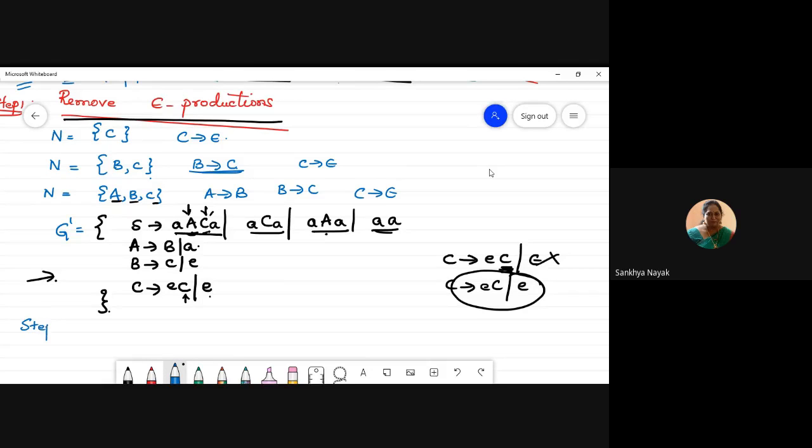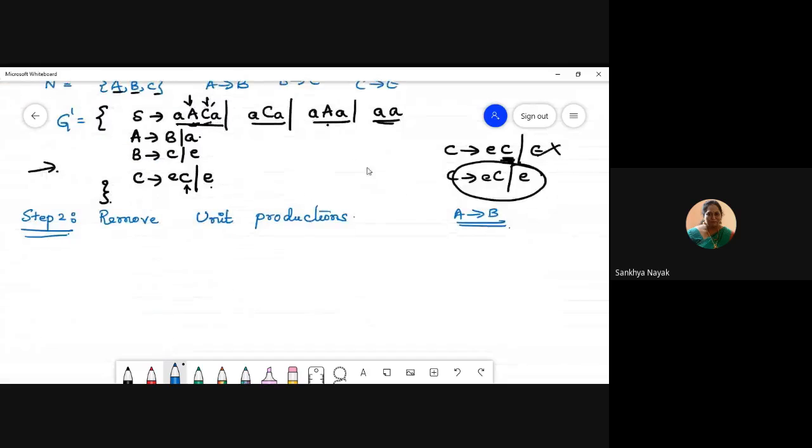Step 2. After removing epsilon productions, we said we have to remove unit productions. What are unit productions? If a non-terminal is deriving another non-terminal, then we call it a unit production.